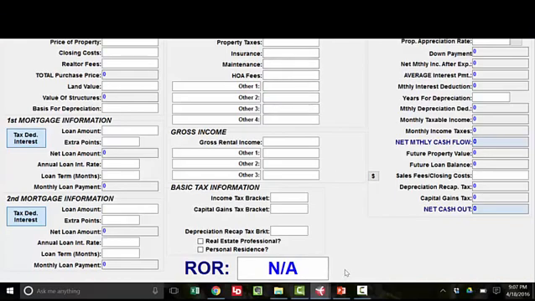So here we have a real estate calculator. In this example, we're going to use a property of $100,000. We're not going to go into closing costs and realtor fees right now because we're just comparing two different scenarios. As long as they both have the same cost, we're going to have a relative result.